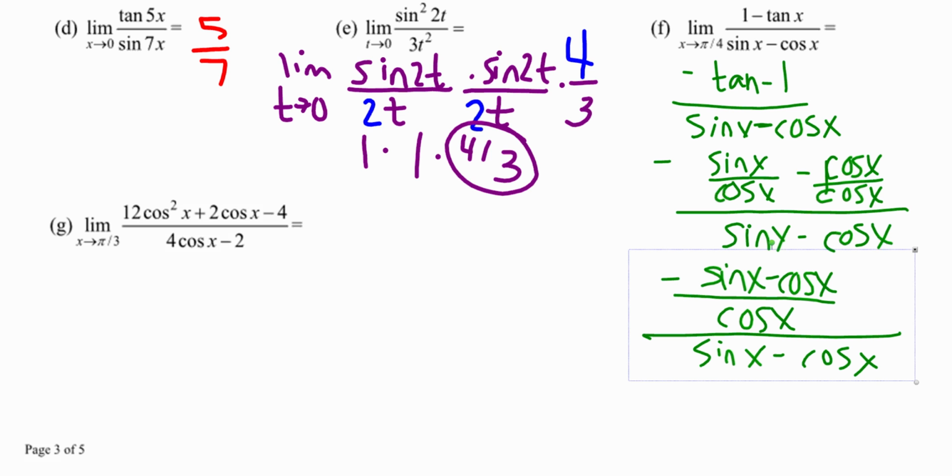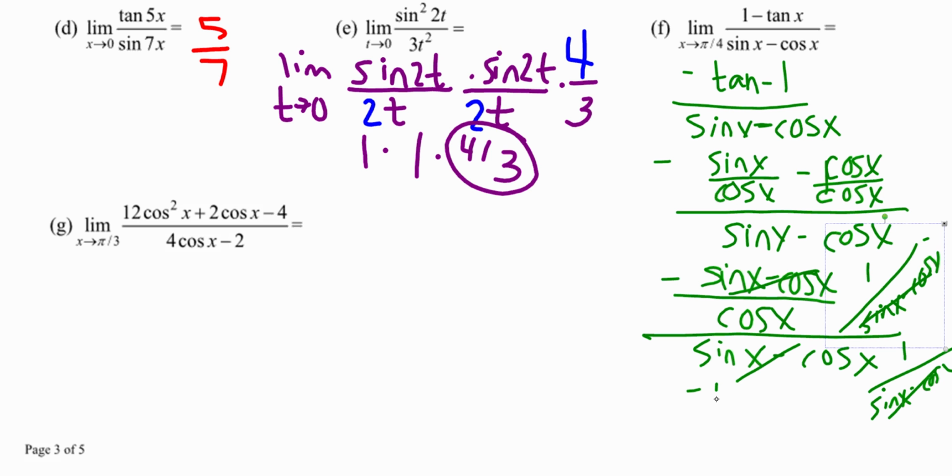Okay, if I multiply by 1 over sine x minus cosine x on the top and the bottom, sine x minus cosine x, those cancel out, so I'm left with negative 1 over cosine x, which is negative secant of x, so the limit as x approaches pi over 4 of secant of x. Instead of being square root of 2 over 2, it's a reciprocal of that, which when you simplify it ends up being negative square root of 2.